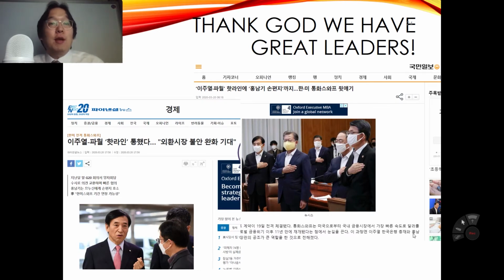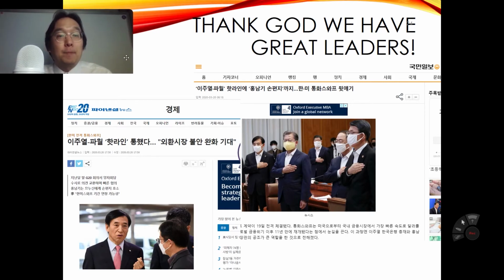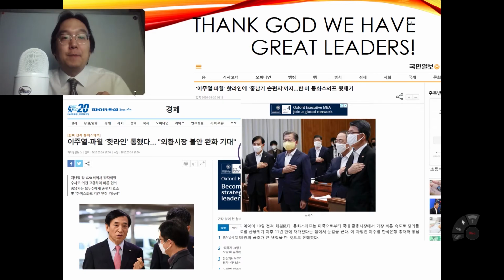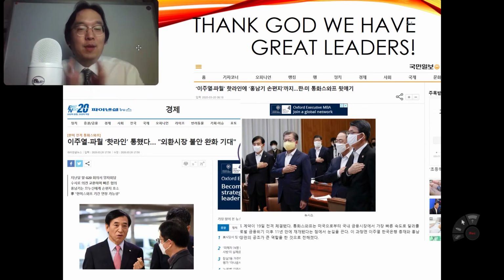Well, news was announced like this: oh, the US Central Bank and the Korea Central Bank are now going through a currency swap, okay, a currency swap transaction is going on. So don't worry, there will be enough supply of US dollars to cancel that higher demand, and then the Korean currency value will be stabilized again.